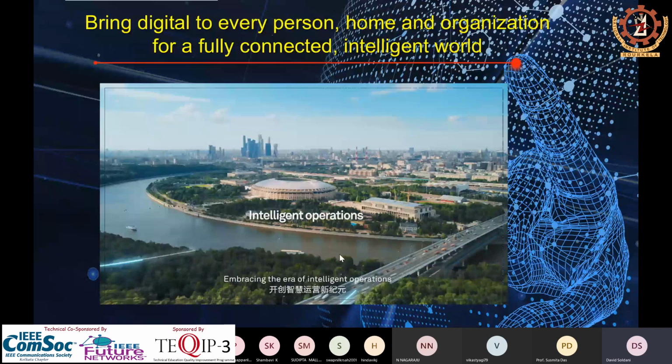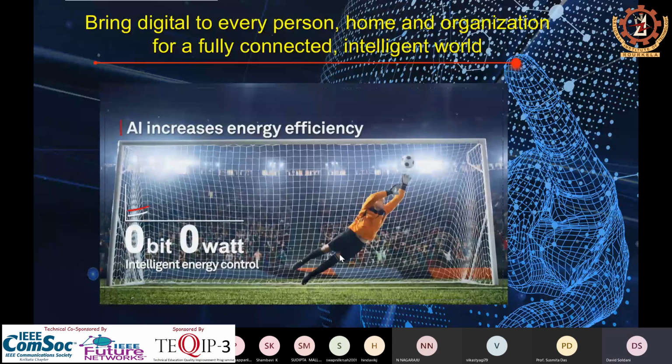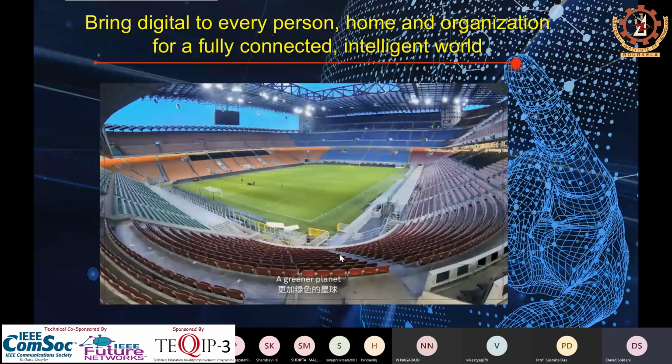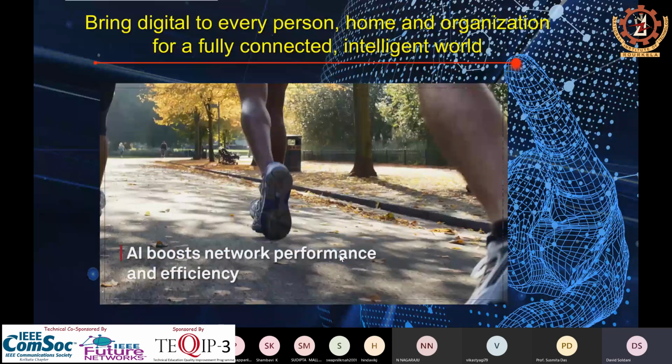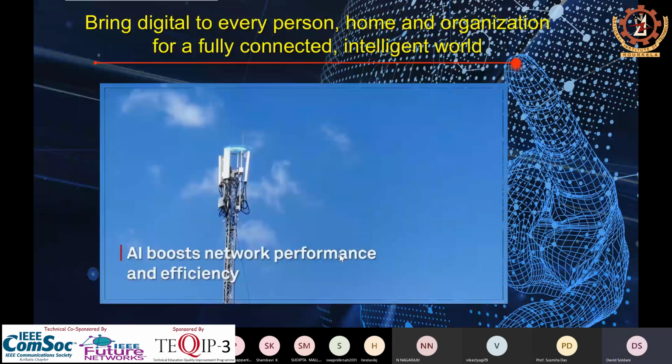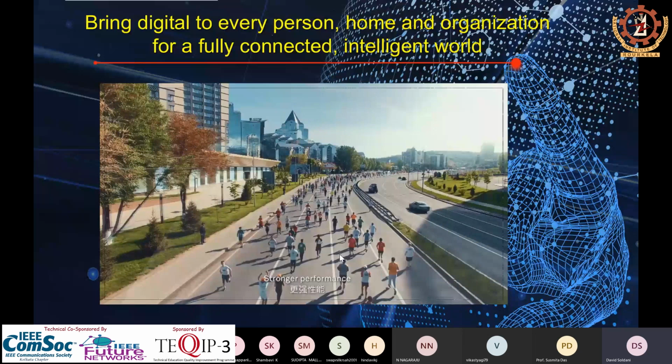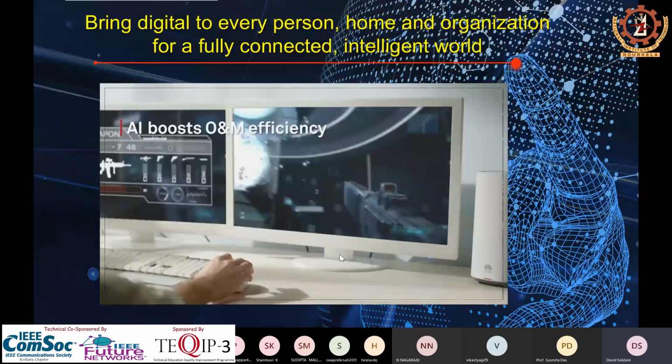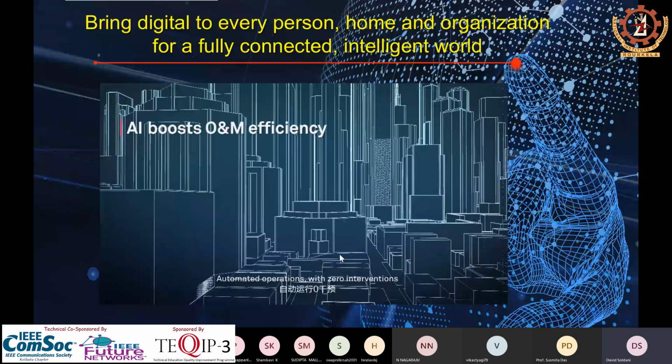Greater energy efficiency, lower carbon emissions, a greener planet. Better coverage, higher speeds, stronger performance. Automated operations with zero interventions.